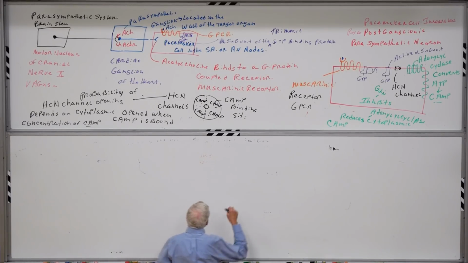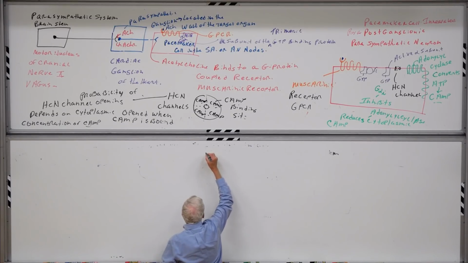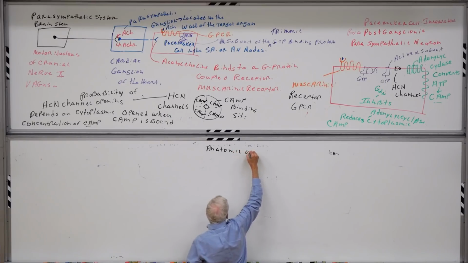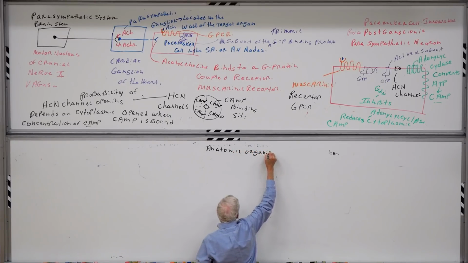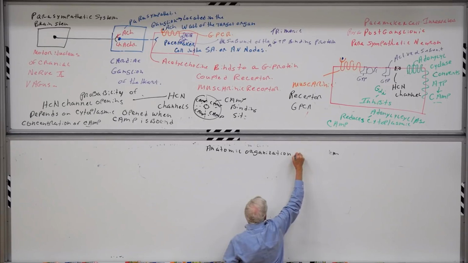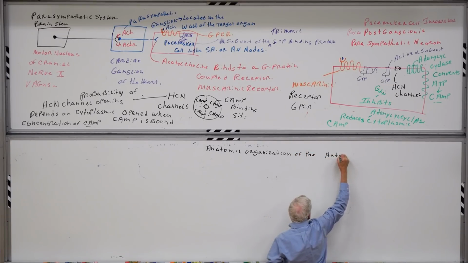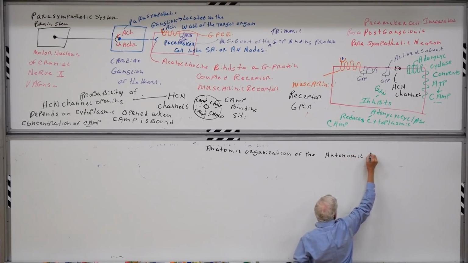So we can label this the anatomic organization of the autonomic nervous system.